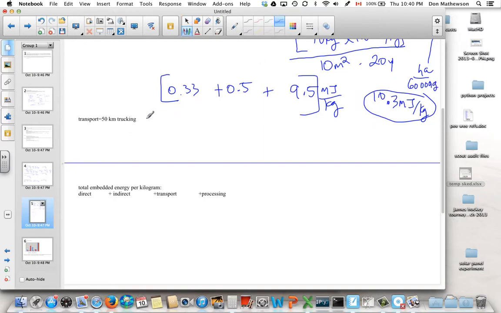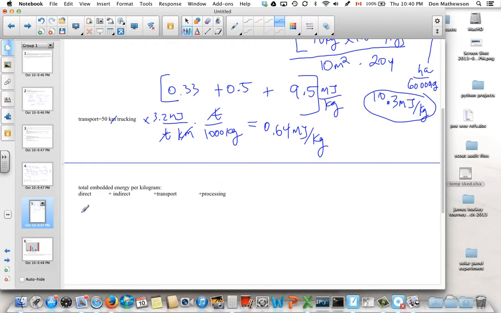It's only 50 kilometers. So 3.2 megajoules to transport a ton by a kilometer. And a ton, of course, is 1,000 kilograms. So tons cancel, kilometers cancel. This works out to be 0.64 megajoules per kilogram. And then the processing as before was 3.3.